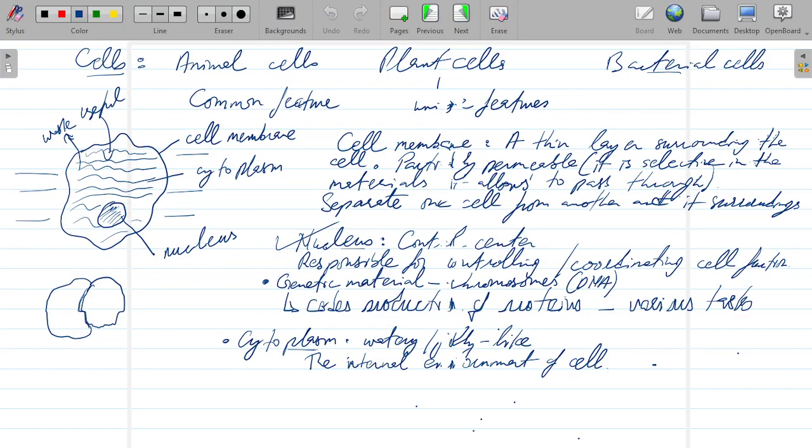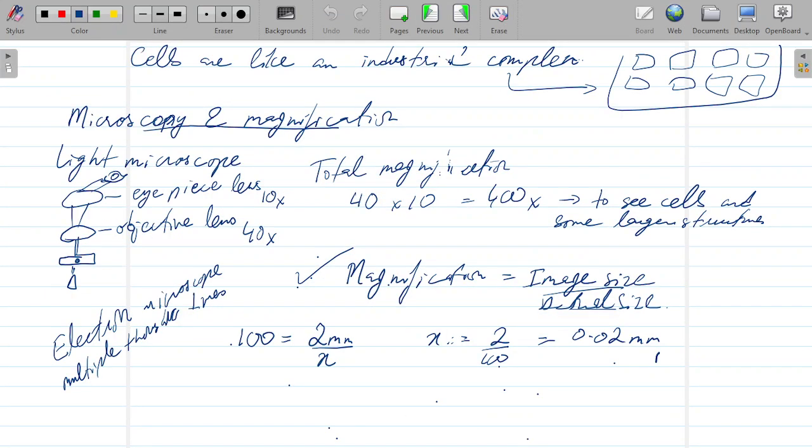So remember the analogy that I gave of this industrial complex of the cell. This might be the cell membrane, and this might be a mitochondria doing its job. This could be a ribosome. This could be the nucleus.